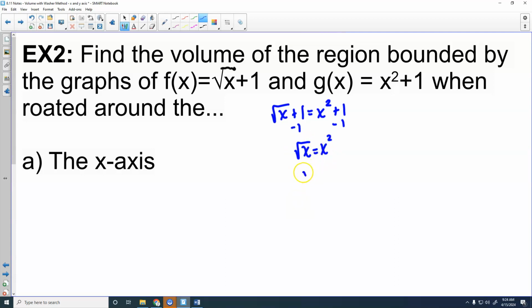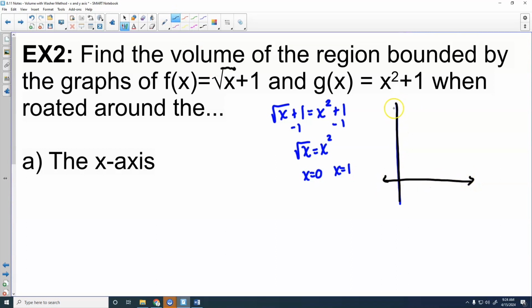So that was x equals 0 and x equals 1. More or less what's happened is we're just taking the shape we just had and shifting both up 1.